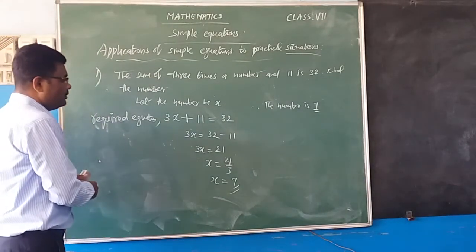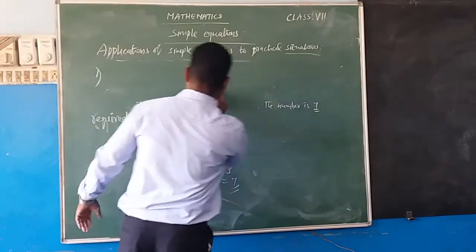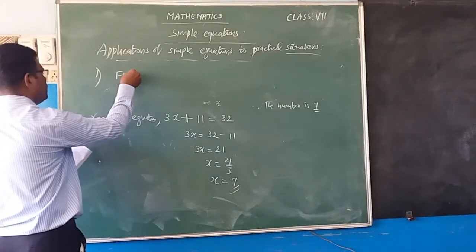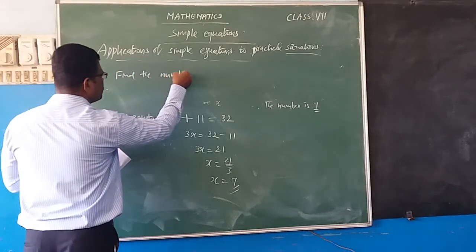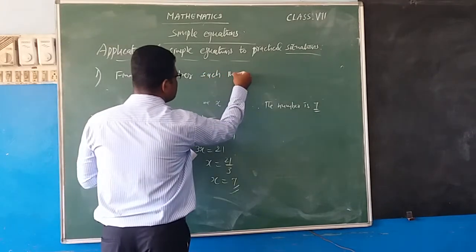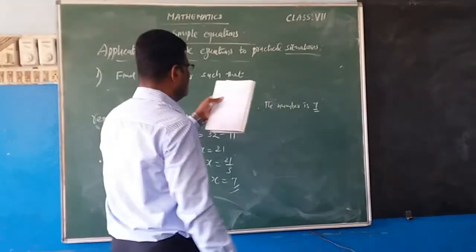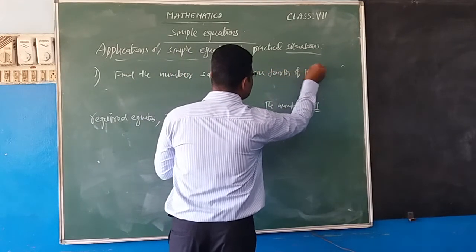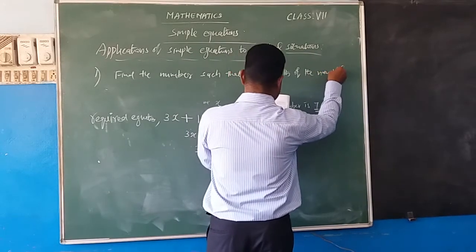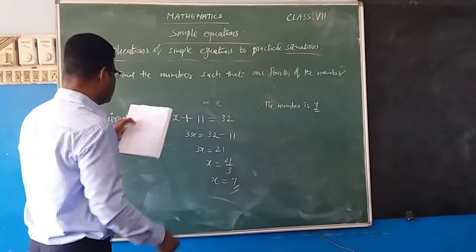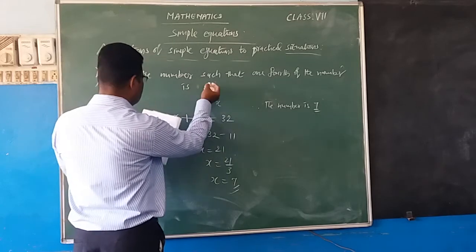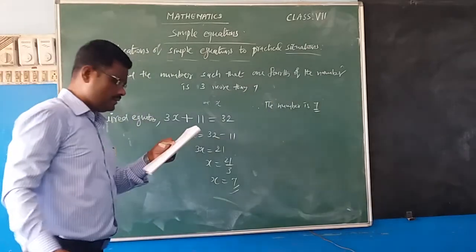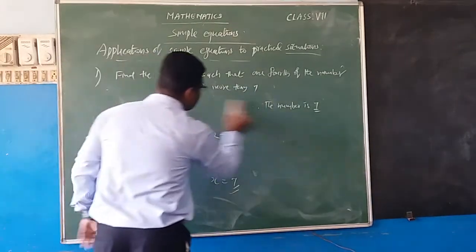Understood? The second one. Let's see one more example they have given. Find the number such that 1/4 of the number is 3 more than 7.